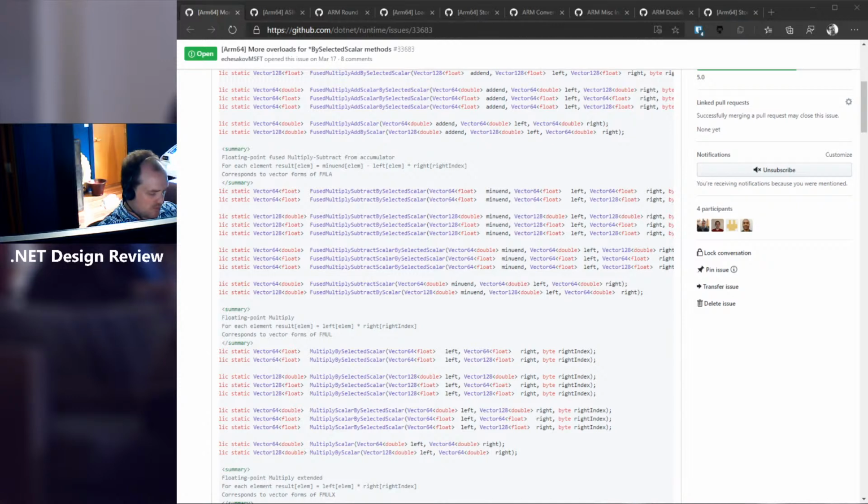Multiply by selected scalar, widening. I'm really bad at remembering the sentence after you speak it out. Very long. So it's multiply... What was that? Multiply by selected scalar, and that should be what instead?